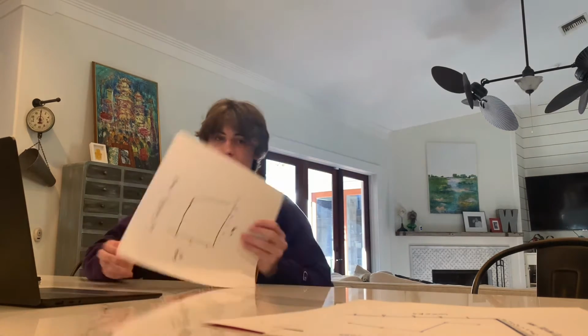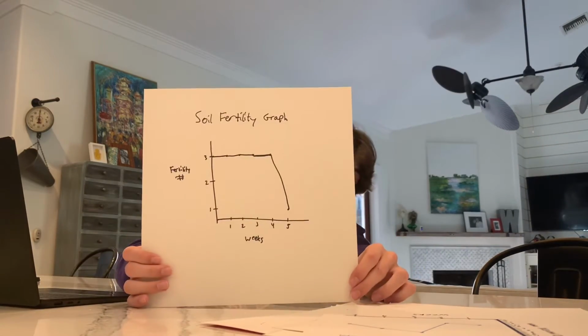Also, they started wilting about the same time that our soil fertility went down. As you can see in this graph, soil fertility took a big drop around week 3, week 4. I think that caused our plants to receive less nutrients and start to wilt a little bit. Also, it shows up in the plant height graph where they start dropping in height because they're wilting.